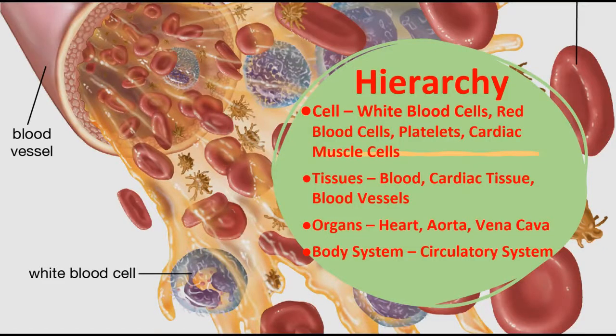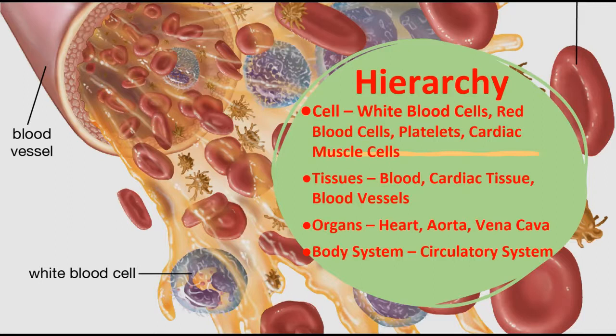Let's take a look at the hierarchy of this specific system. So the cells that are within this system are white blood cells, red blood cells, platelets, and cardiac muscle cells.